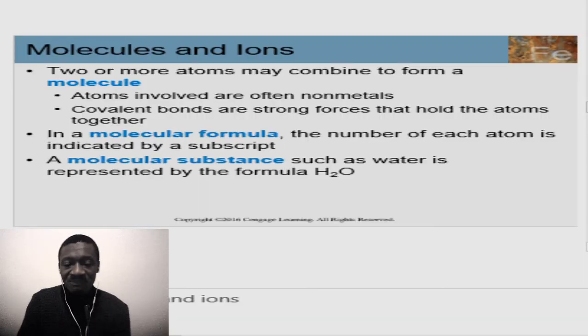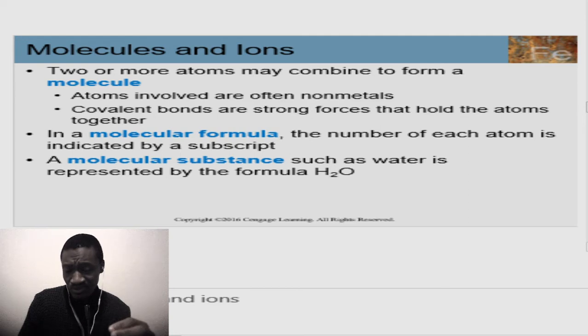So we're going to continue from where we stopped, and at this point in time we're looking at molecules and ions. So we said molecules are basically a combination of two or more atoms combined together to form a molecule. And notice that the combination is of non-metals. What is combining is non-metals.